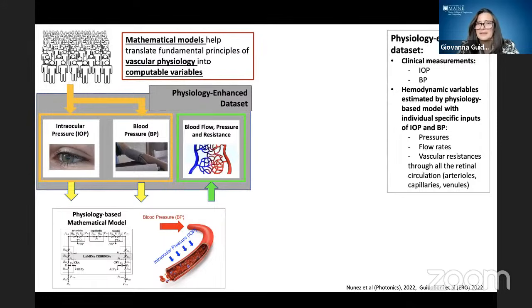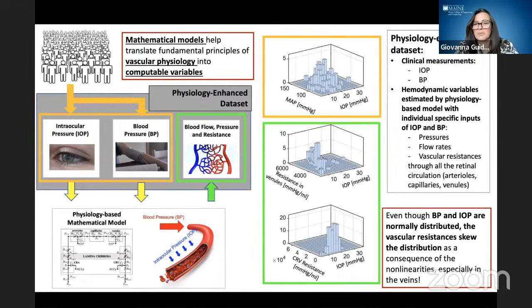So why am I claiming that if we do that, we may be able to see groups of eyes that we were not able to see before?